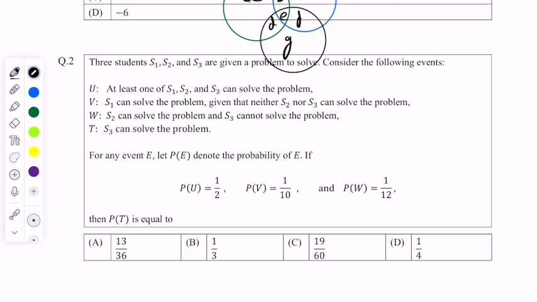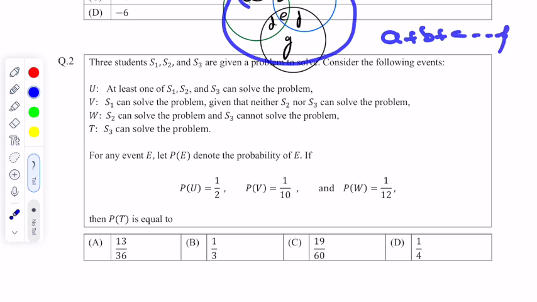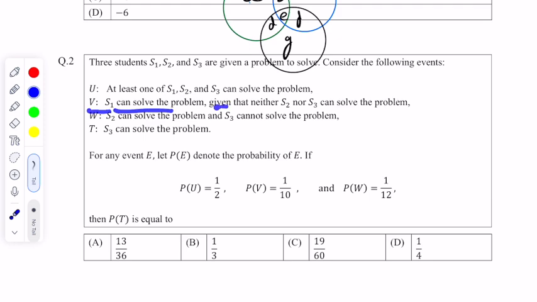Now it's given that U means at least one of them solves the problem. That means we are talking about the entire union. Entire union means A plus B plus C so on up to G. V is S1 can solve the problem given that neither S2 nor S3 solves the problem. So it's the probability of S1 given S2 complement intersection S3 complement.